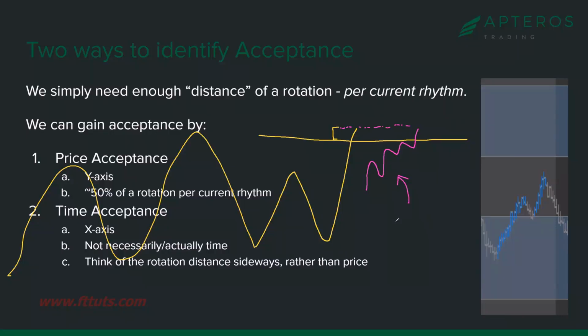We have now successfully accepted above the level. Acceptance only exists above or below at any given time. It can't be both, even when you're crisscrossing a level, which we will talk about.